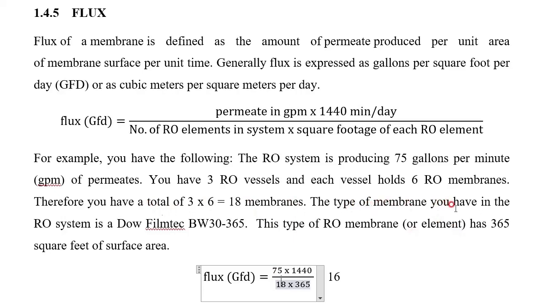The type of membrane we have is BW365. This 365 represents the area in square feet. This is going to give us 16 flux. The flux is 16 GFD. The unit we usually measure it in is GFD, that is gallons per square foot per day. This is how we measure the flux.